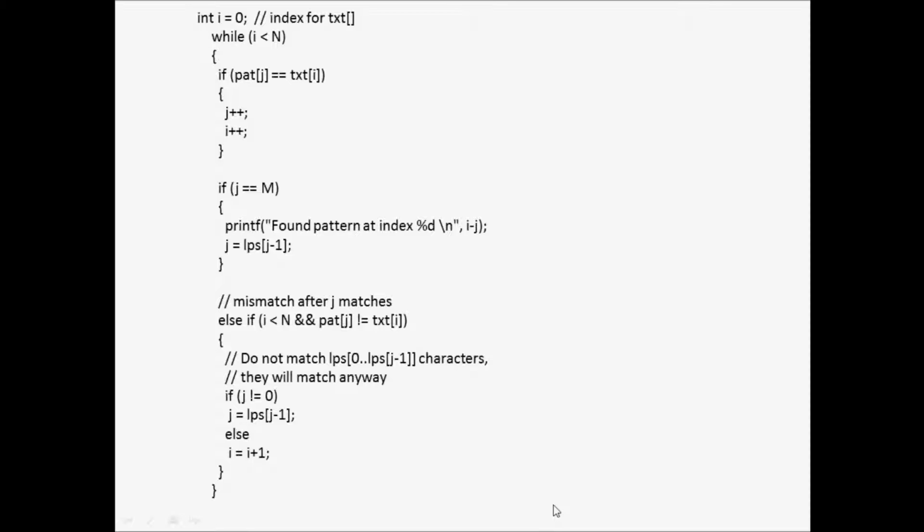If a mismatch is happening, with i less than n and pattern of j not equal to text of i, then j equals LPS of j minus 1, the previous index; otherwise just increase i.